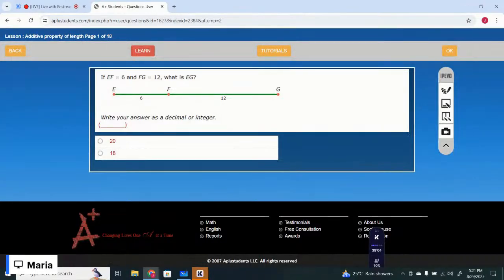If EF equals 6 and FG equals 12, what is EG?